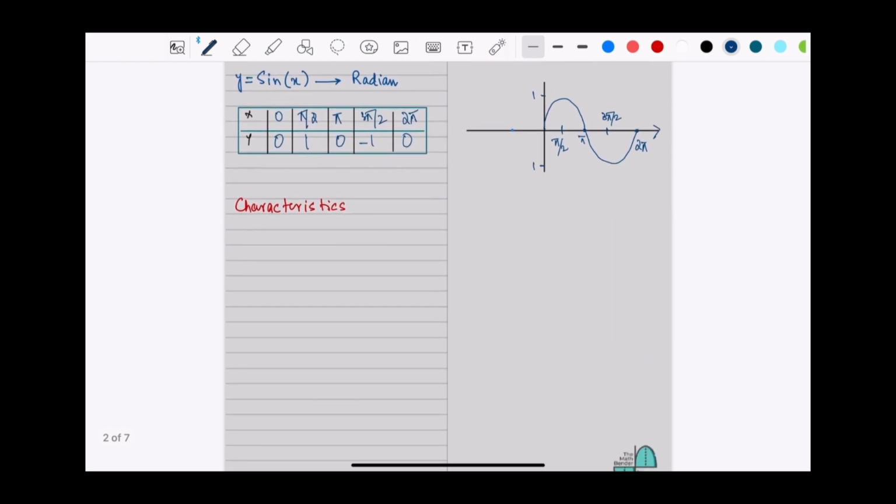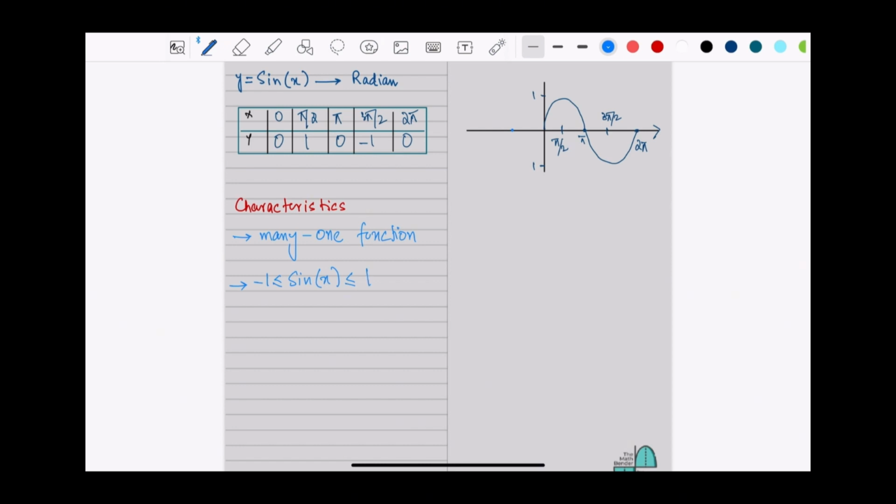The characteristic is that this curve is a many to one function, as you can see by default. You can convert it into one to one by breaking it down to different domains, but this is a many to one function. The default range of this function is -1 ≤ sine x ≤ 1.